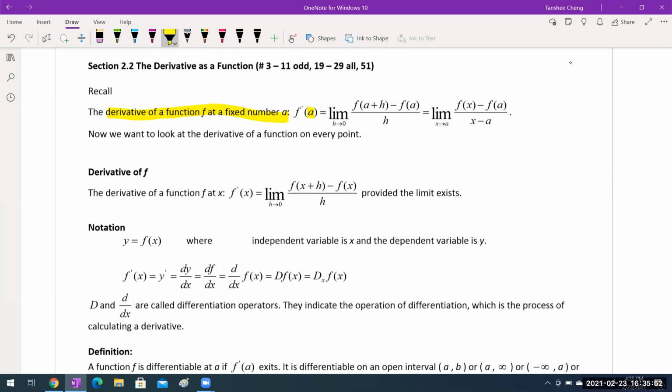Therefore, this second formula will not be used as widely anymore, because we don't want to write down f of x minus f of a over x minus a. Okay?